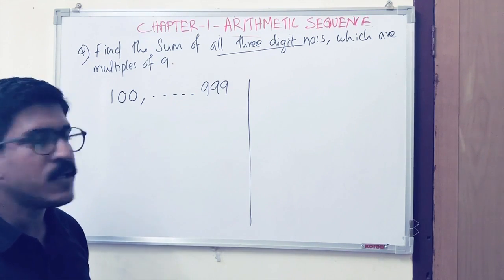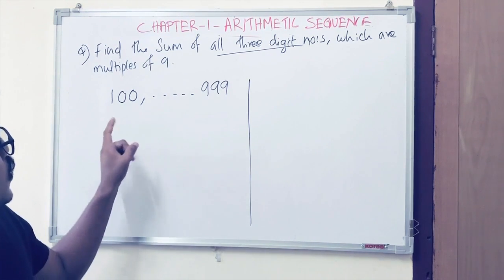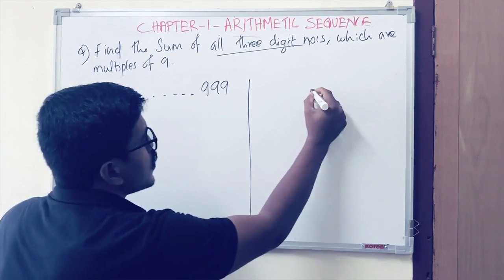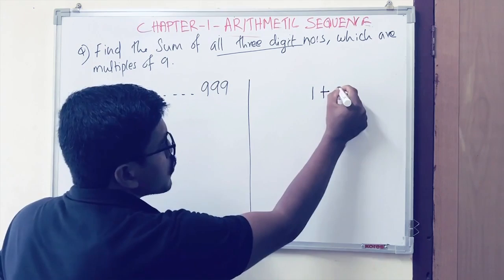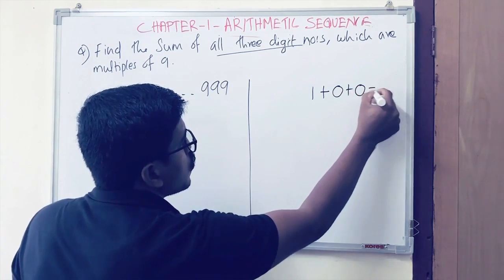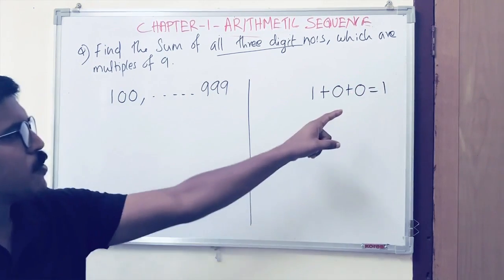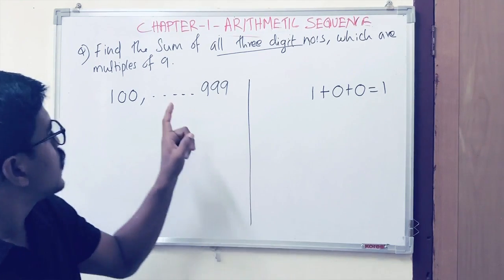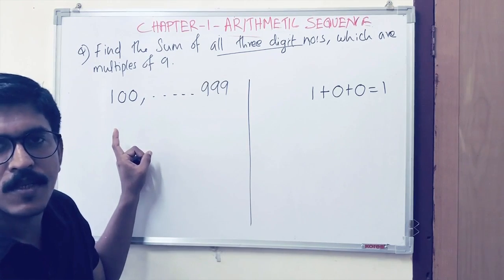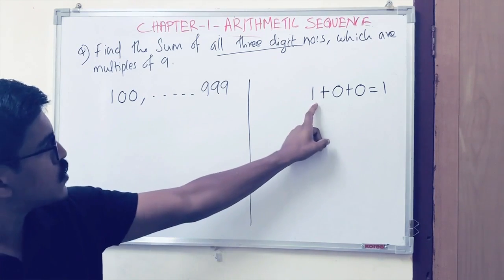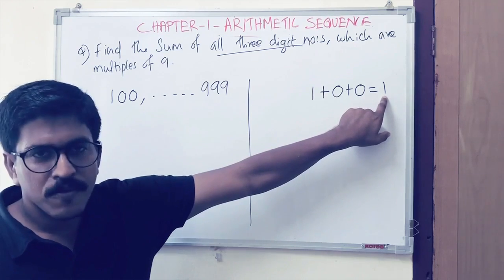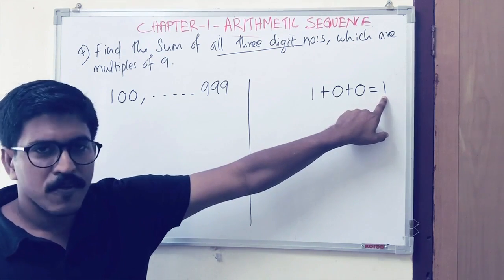How are we going to find the multiples of 9? See here, for example, if I am taking 100, if I am adding these digits 1 plus 0 plus 0, and if I am getting a multiple of 9 here, then we can say that the particular number is a multiple of 9. Here 100, the digits 1, 0, 0, but this is not a multiple of 9. 1 is not a multiple of 9.